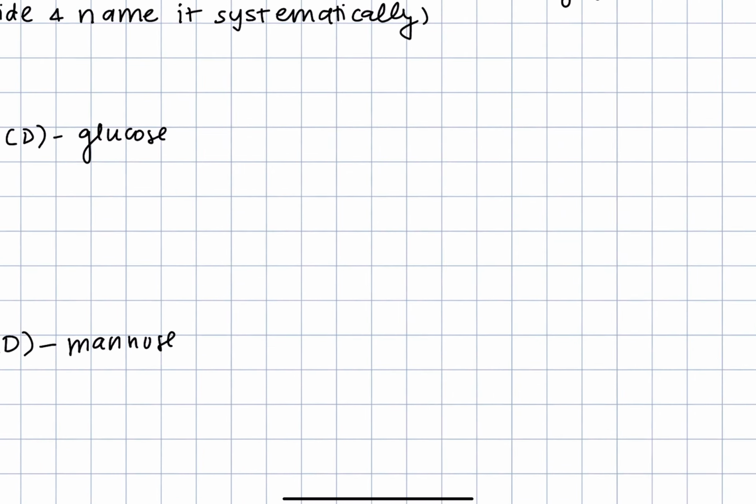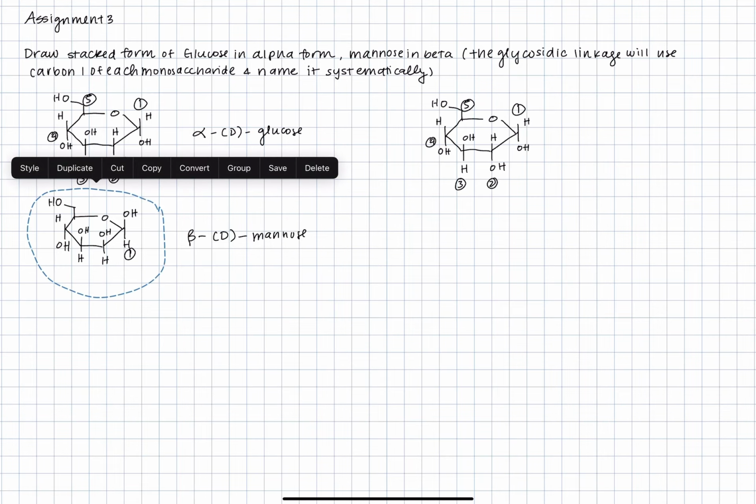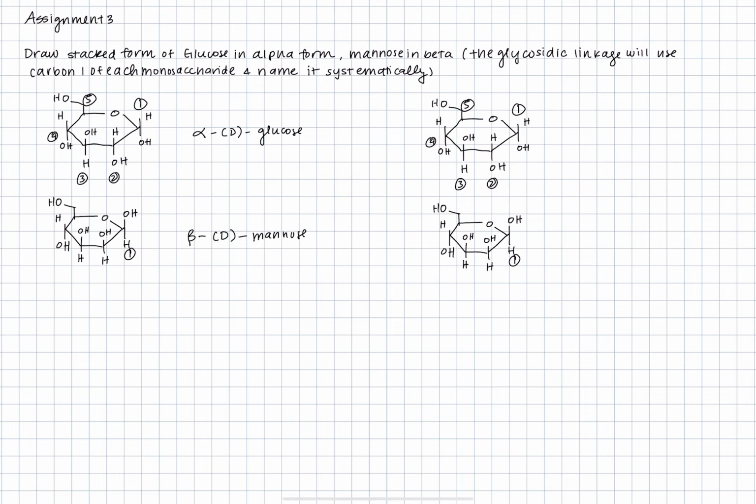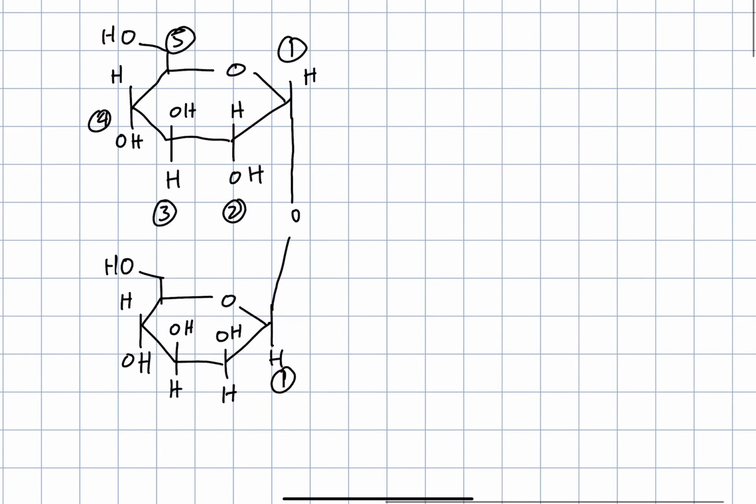So as I continue on, I will form the glycosidic bond right here. And then we have the alpha anomer right here, and we have the beta anomer here.